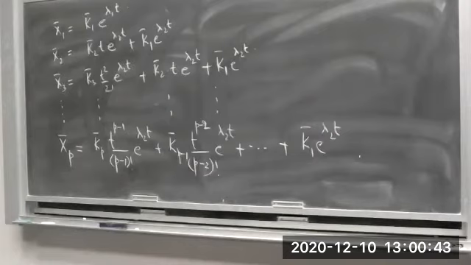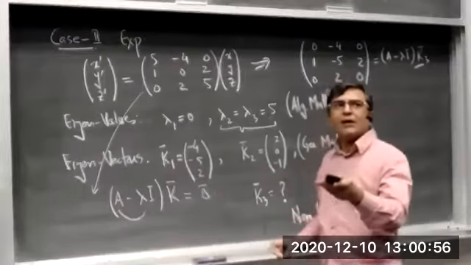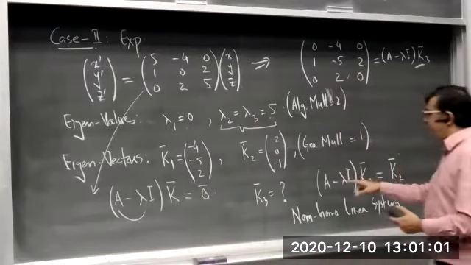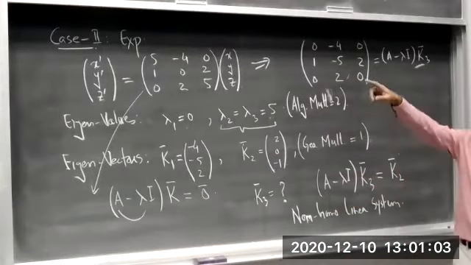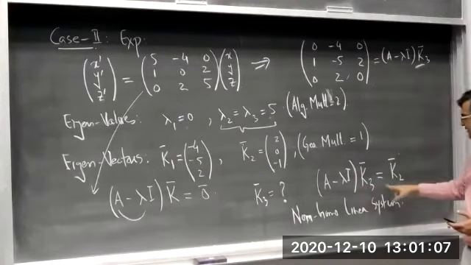अब यहाँ पे, in order to find k3, what we are going to use is that procedure: A minus lambda I times k3 is equal to k2.